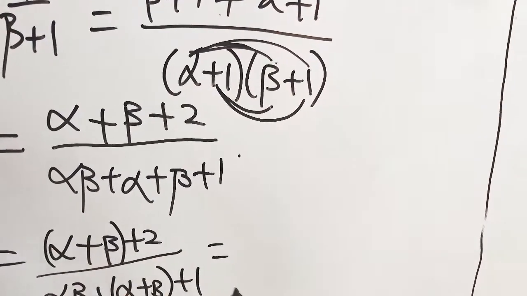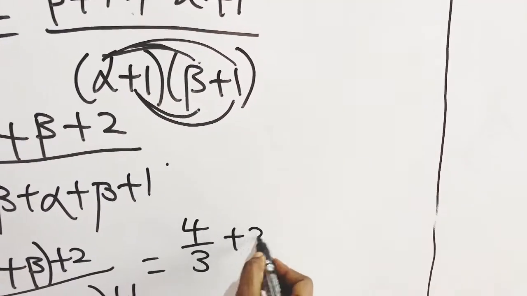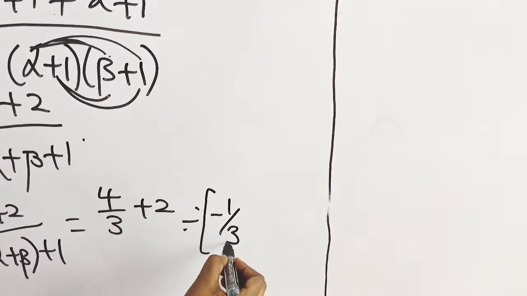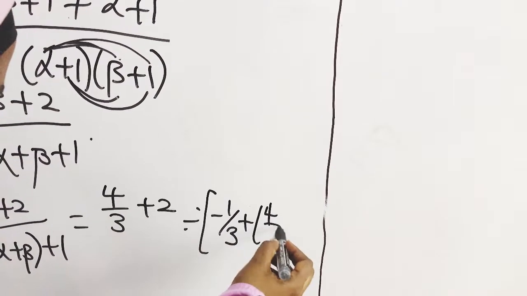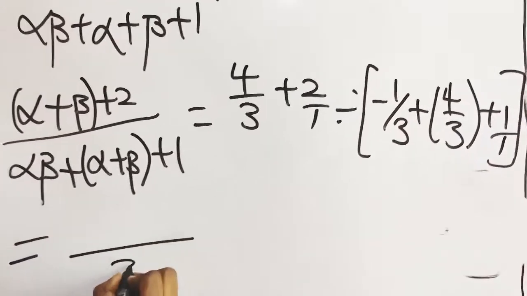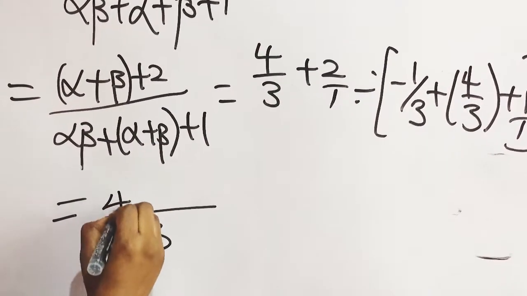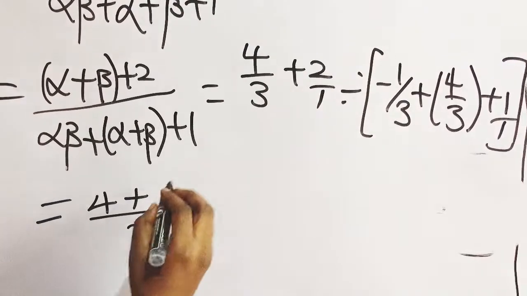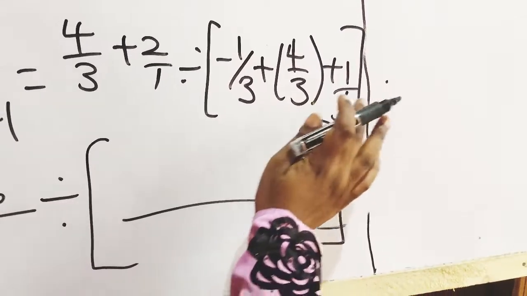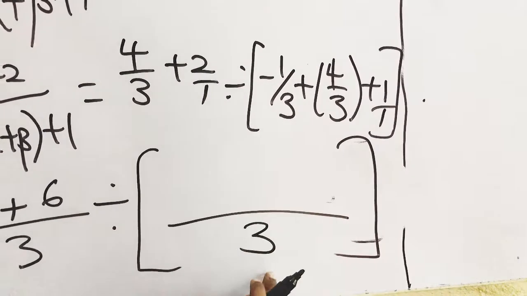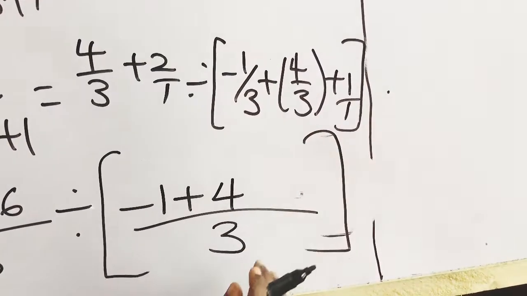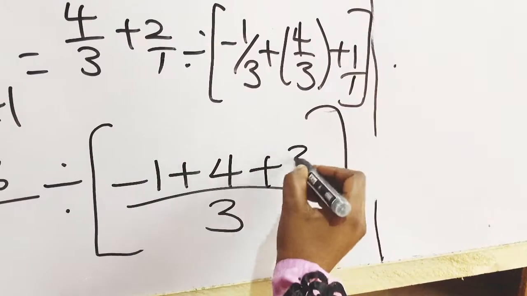Sum of roots is equal to 4 over 3, so plus 2, then divided by product of roots, which is minus 1 over 3, then plus 4 over 3, everything plus 1 is equal to, you find the LCM of 3 and 1, 3. 3 in 3, 1 multiplied by 4, 4, plus 1 in 3, 3 multiplied by 2, 6, divided by, so we need to expand this one too. 3, 3, 1, their LCM is 3. 3 in 3, 1 multiplied by minus 1, minus 1, plus 3 in 3, 1 multiplied by 4, 4, then 3 in 1 in 3, 3 multiplied by 1, so plus 3.